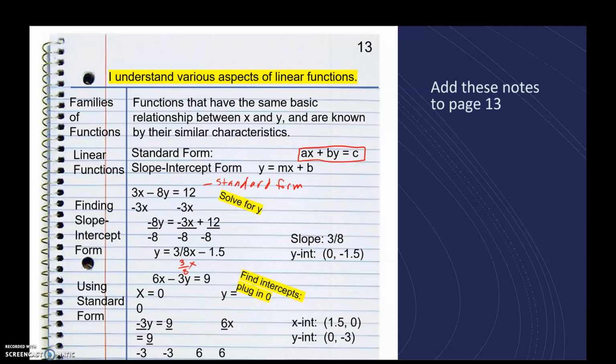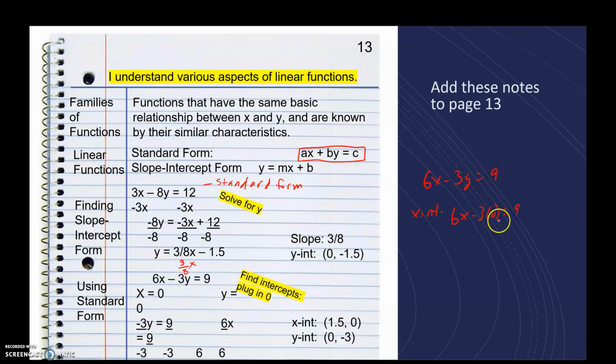So the work on here got a little messed up, so let's write it over here on the side. 6x minus 3y equals 9. For the x-intercept, we're going to plug 0 into y.